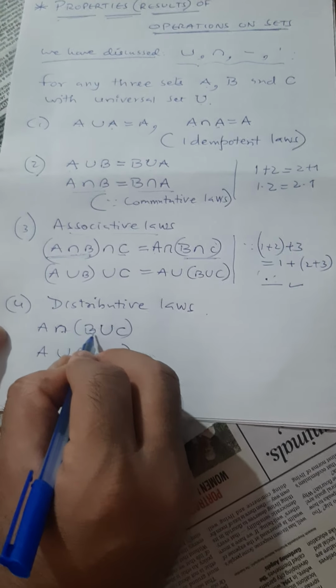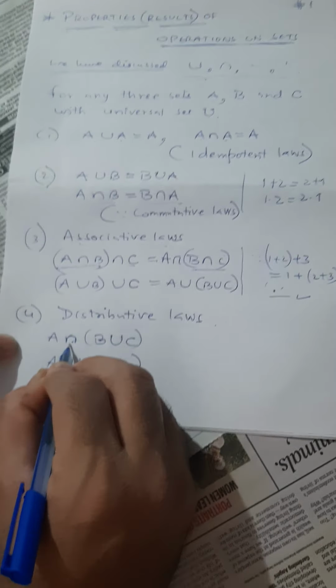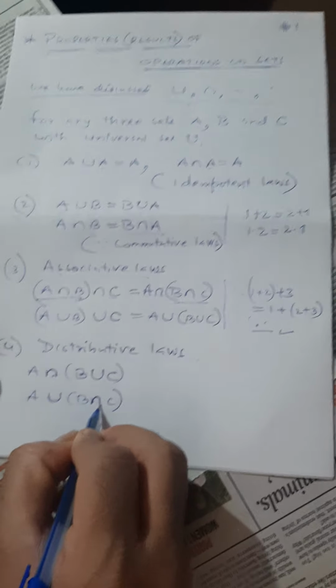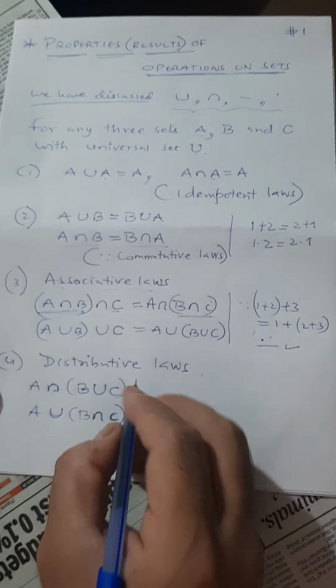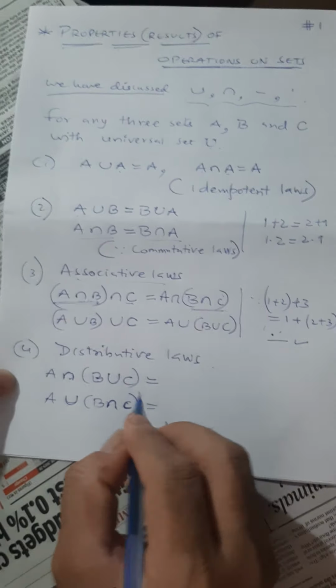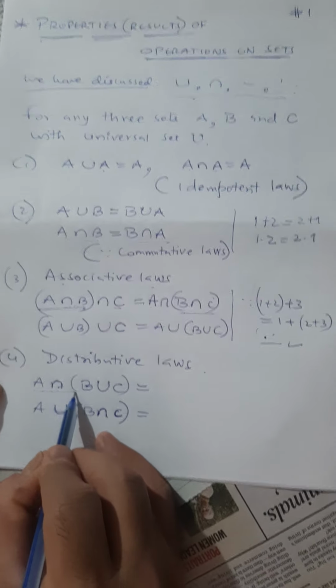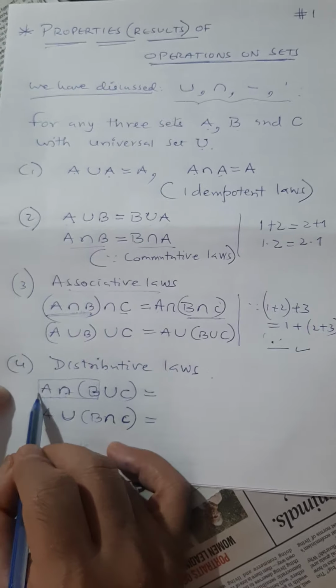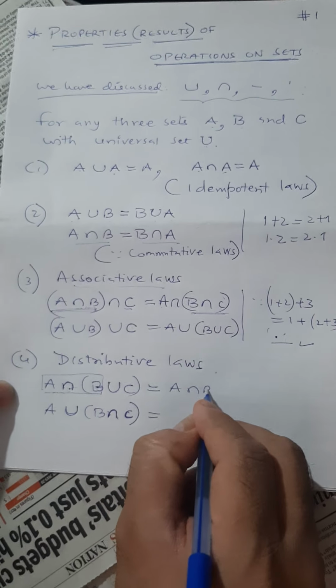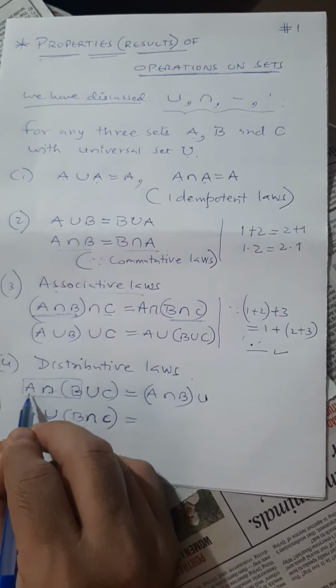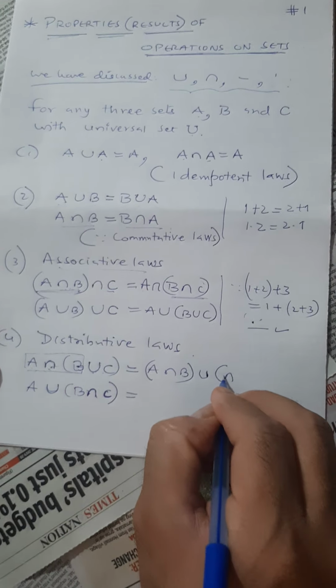Outside and inside the bracket you have different operations, union and intersection. These two properties say that you can open the bracket. So A intersection B in one bracket, then union, and A intersection C in the other bracket.